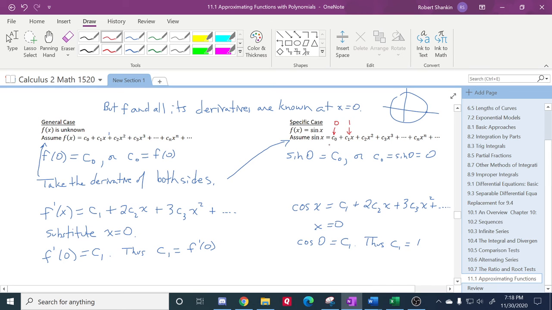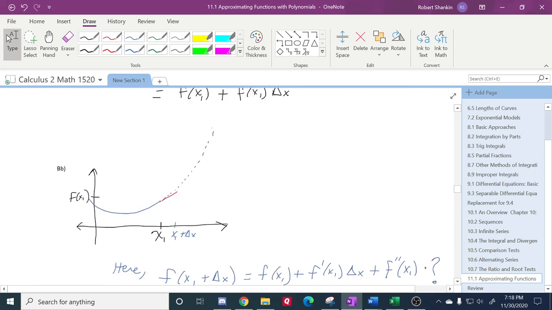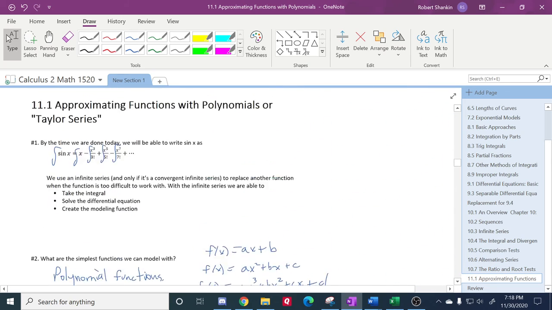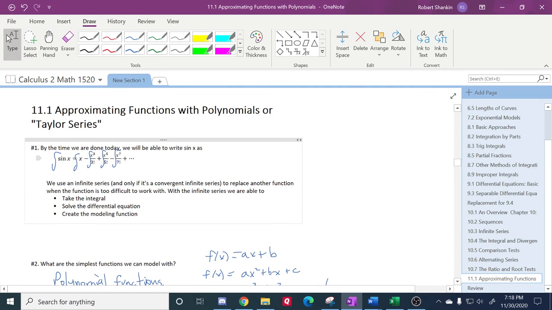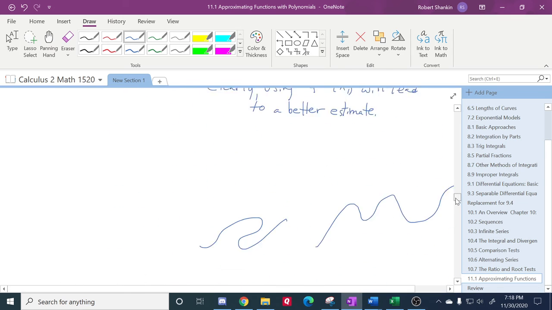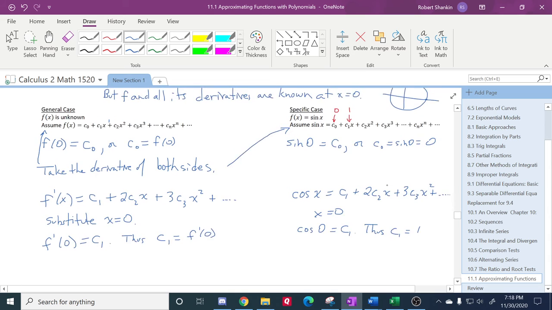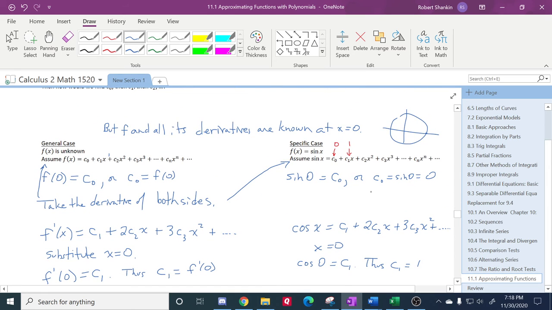Now, I told you earlier, by the time you're done today, we will be able to rewrite sine x like this. And look what we got so far. We got the x term right there. So we got 0 there and then x.